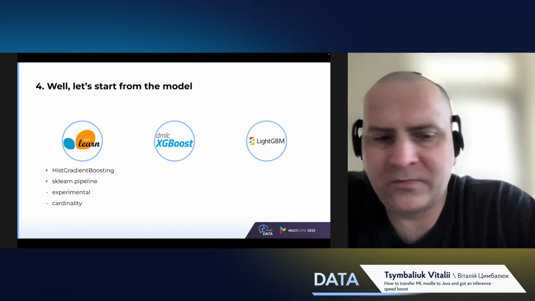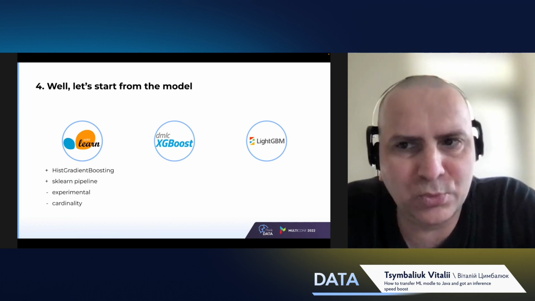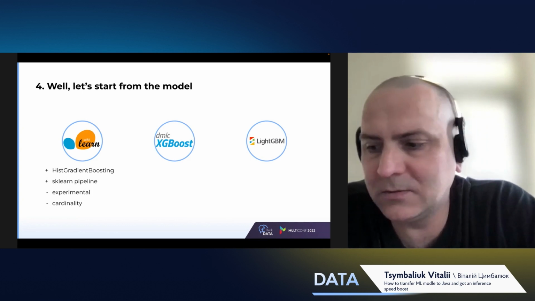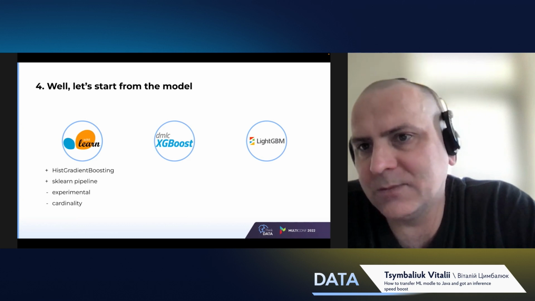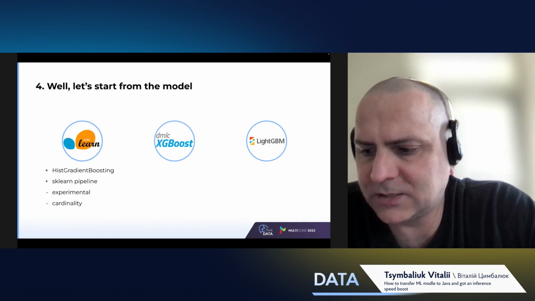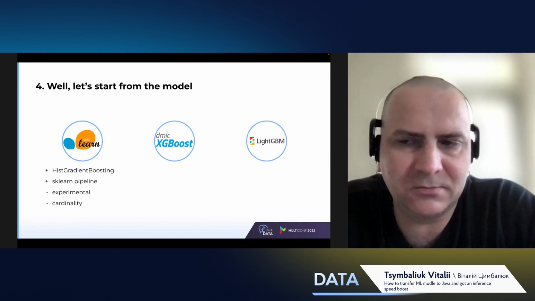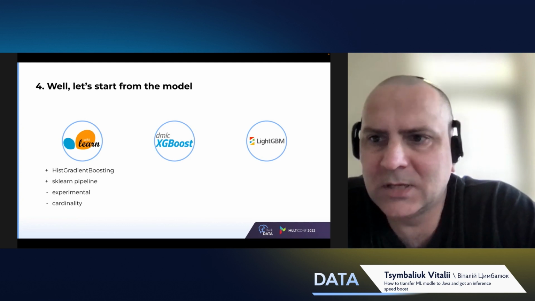The very first is Scikit-learn with its new histogram gradient boosting. Very good algorithm, very promising. But there is a limitation with categorical data. Categorical data with high cardinality cannot be processed by this algorithm. And it was a showstopper for us.